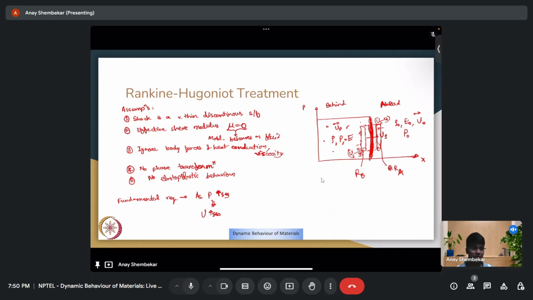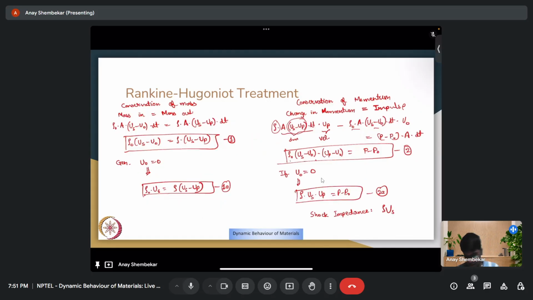There is some change going on between here and there, but what we essentially assume in this type of model is that our density, pressure, internal energy and particle velocity are all constant behind the shock front. They do not vary at different locations, which is how it is in reality.